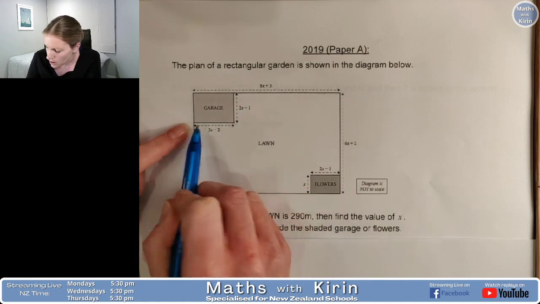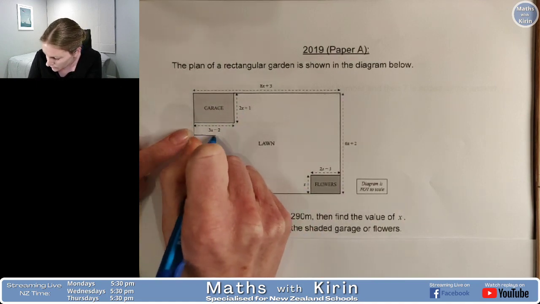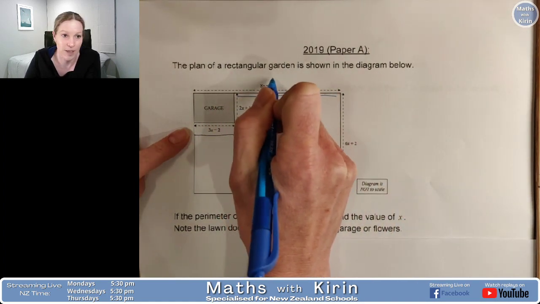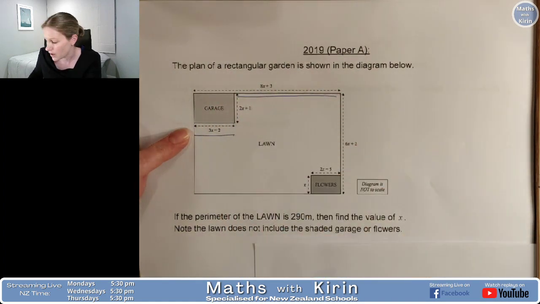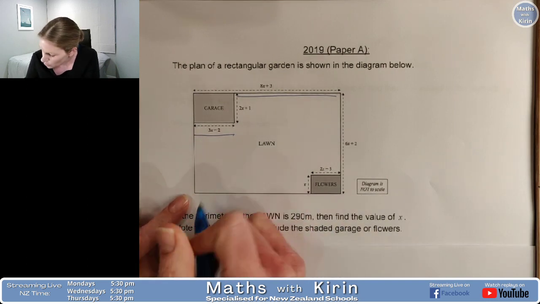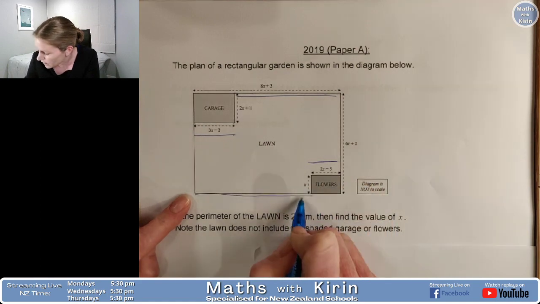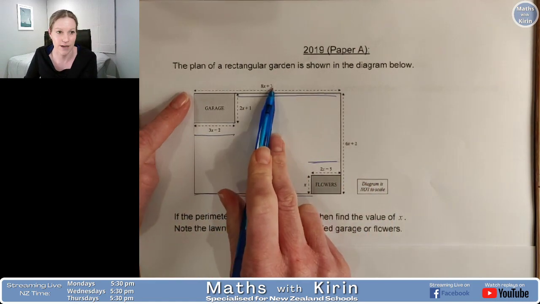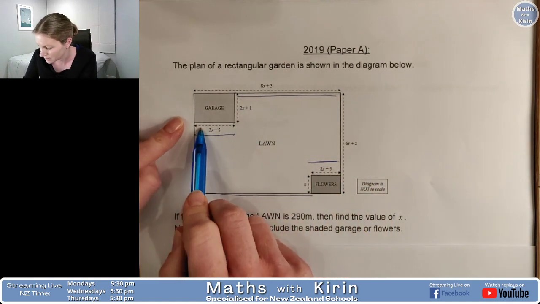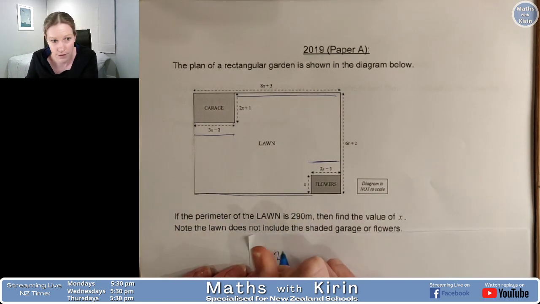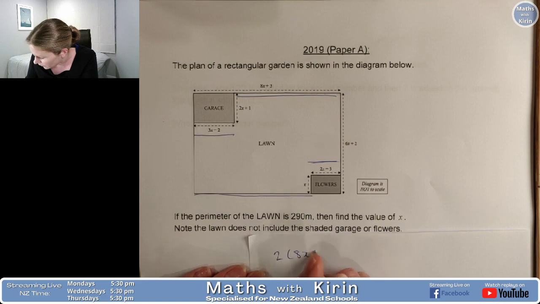And so if we take this and we add this, we're actually going to get 8x plus 3. And then likewise down here, we want this bit and this bit. And if we add those together, we're also going to have 8x plus 3. So this and this and this and this is actually going to be 2 lots of 8x plus 3.